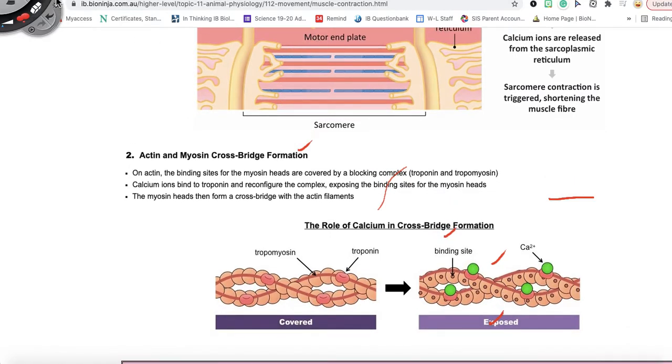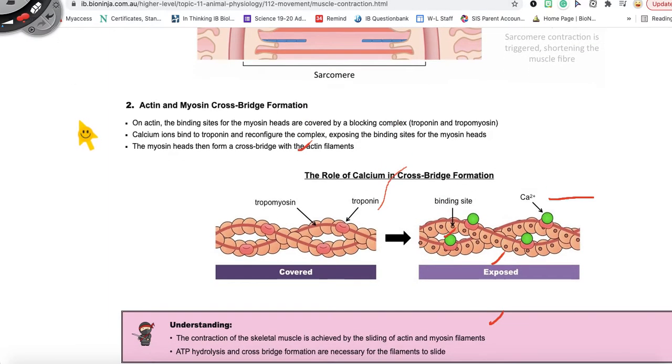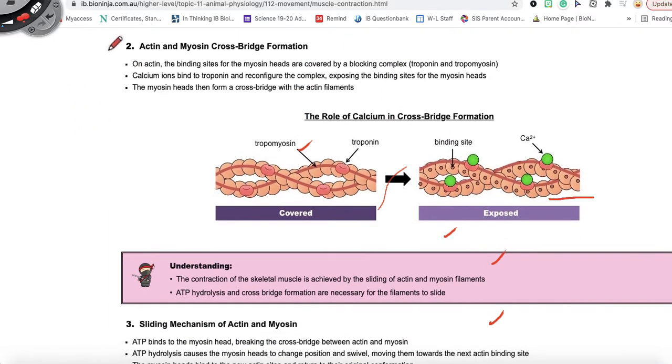Okay? So now we're going to look at step number 2, which is what happens in that overlap of the sarcomere. And here we see that actin and myosin are forming a cross bridge. So let's look a little bit in more detail here at the structure and then the role of this calcium in the cross bridge. So here we see actin. Remember that actin is the thin filament. And here we see a covered actin. And what do we mean by that? Well, we mean that there are these sites on actin that are covered by this other protein molecule called troponin.